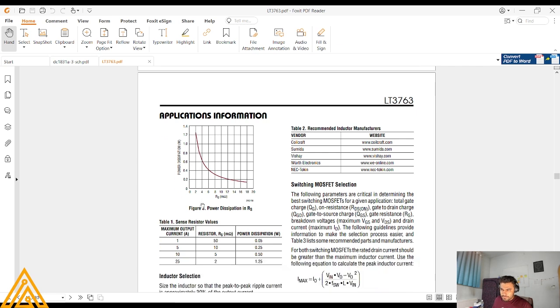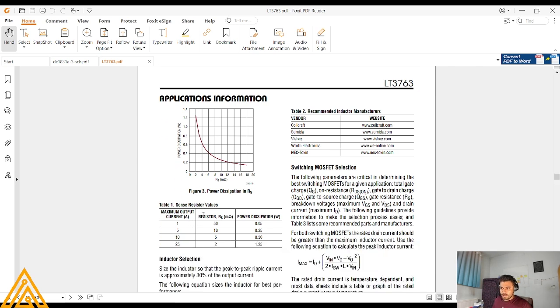Here is a table that shows us what kind of resistors we need for what kind of currents.